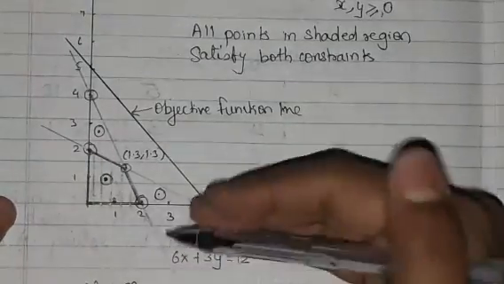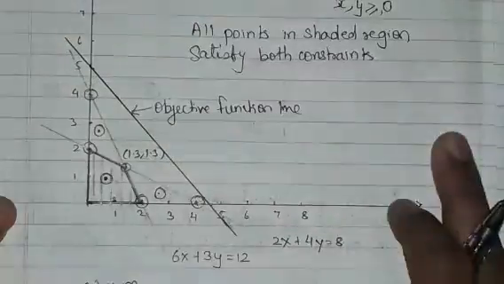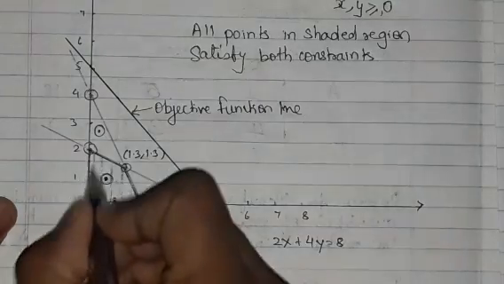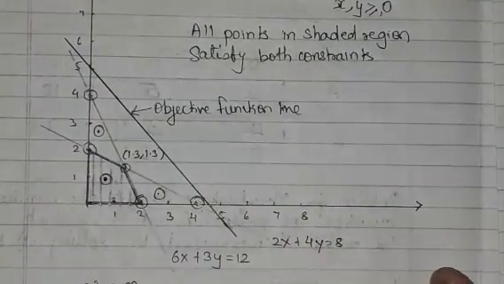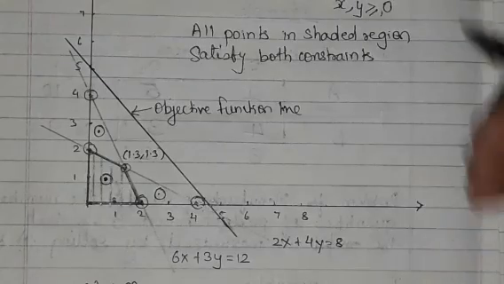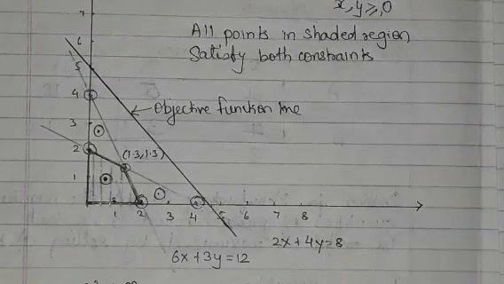So I get these two lines also. Basically, this is the bounded region which I get after drawing all the given constraints.